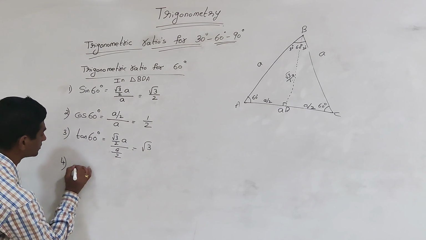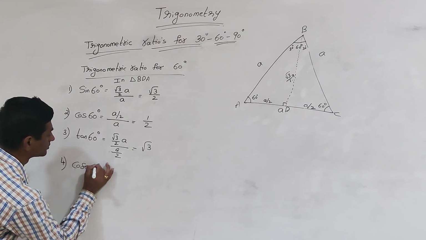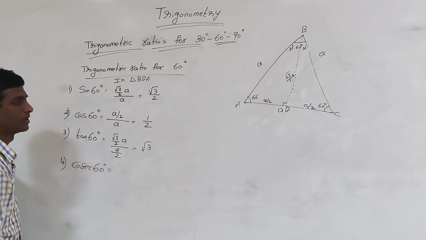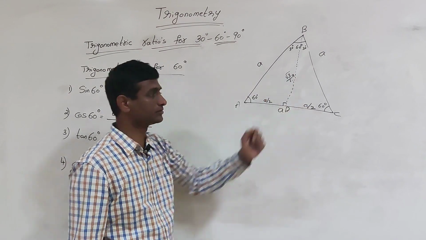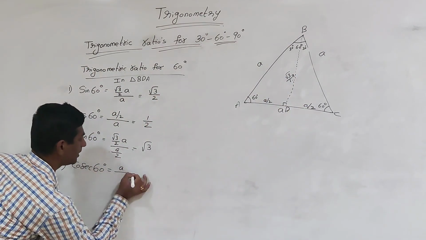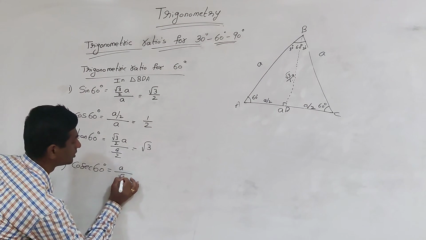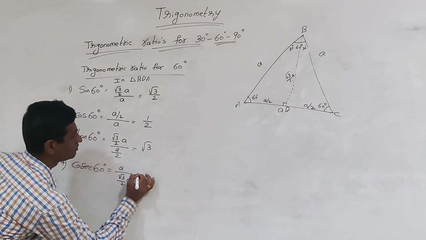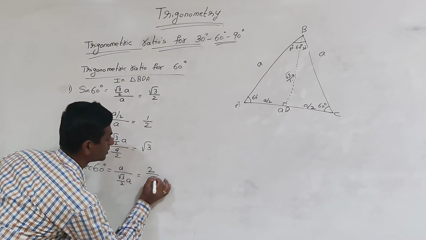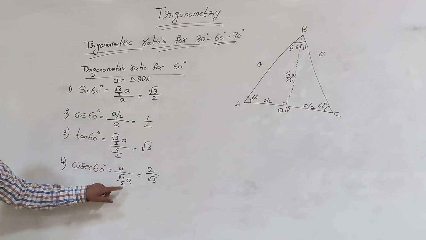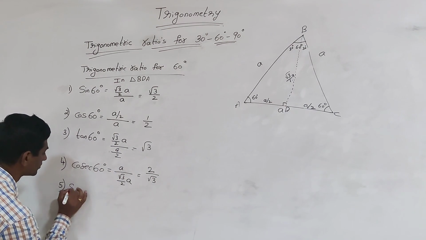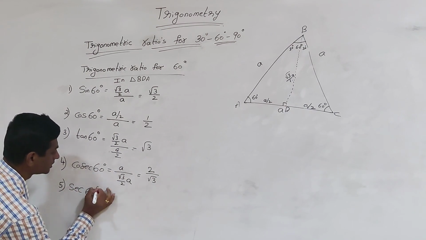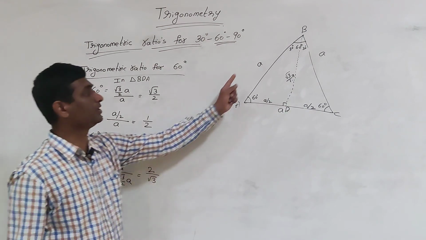Cosecant 60. Hypotenuse by opposite side. A by root 3 by 2 a. So which will be 2 by root 3. A gets cancelled and it will be 2 by root 3. Secant 60. Hypotenuse by adjacent side.